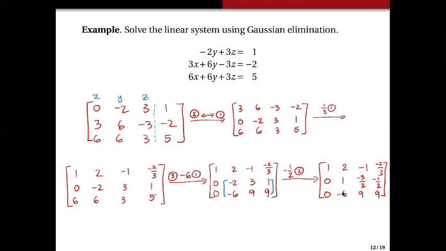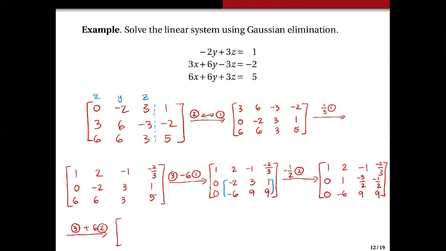So we want to convert this to 0. To do that, well, we can add row 3 plus 6 row 2. Correct? So this will become 0 after applying this row operation here.